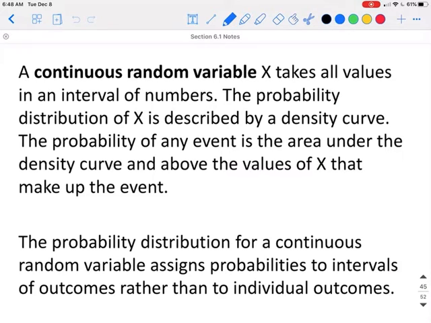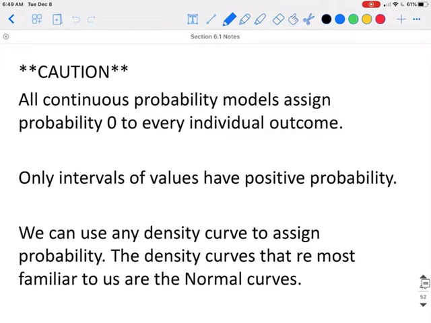A continuous random variable, x, takes all values in an interval of numbers. The probability distribution of x is described by a density curve. The probability of any event is the area under the density curve and above the values of x that make up the event. The probability distribution for a continuous random variable assigns probabilities to intervals of outcomes rather than to individual outcomes themselves.